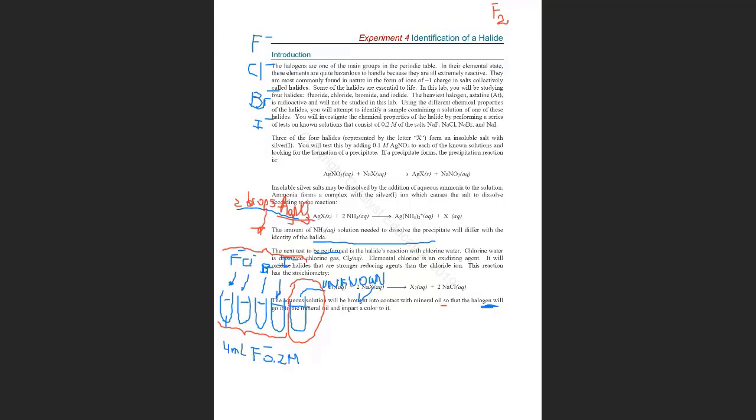And there is another thing that you are going to do. Once you have the precipitate, it can be any of these 3, you will add ammonia to the precipitate. And the precipitate is unstable in ammonia because it forms this stable complex and dissolves the precipitate.